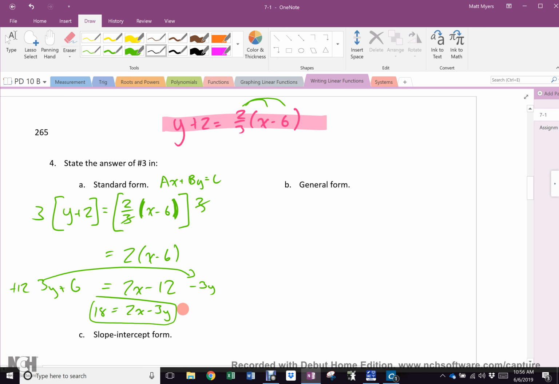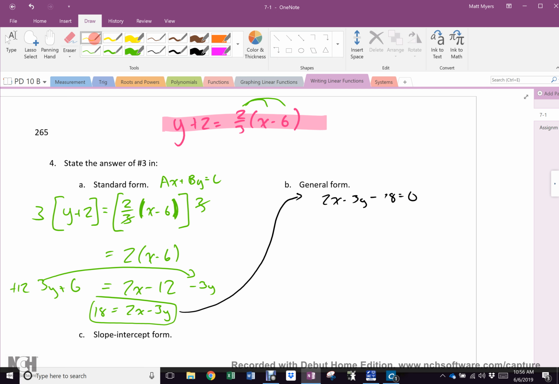Then I automatically have general form, because it is 2x minus 3y minus 18 equals 0. Please notice what I am about to show you.